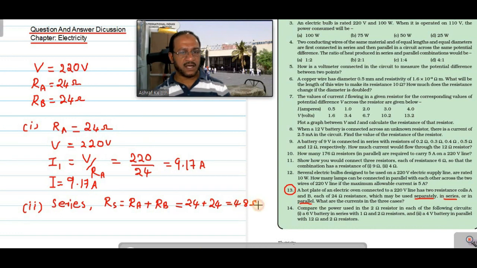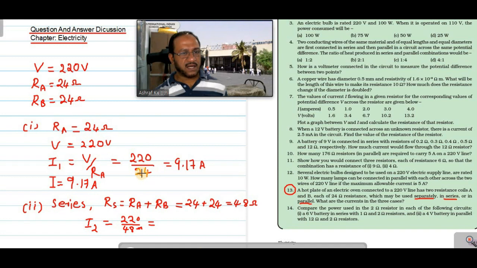Now what will be the current in the oven? Take the second case current I2 is equal to V by R. V is 220 always, the supply voltage. Now the resistance is 48 ohm. So current becomes half of this value, 9.17 divided by 2. If you compare these two equations, the numerator is the same, 220.